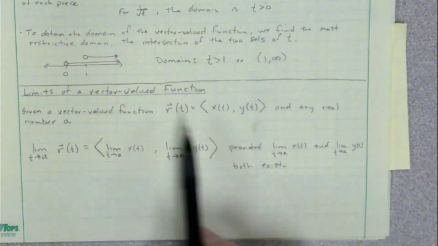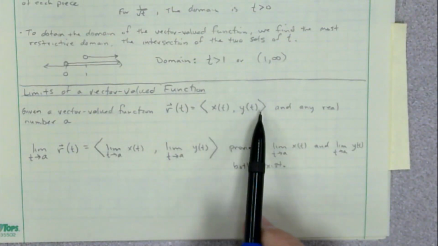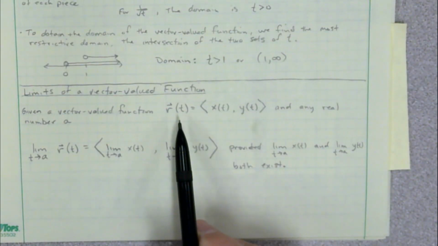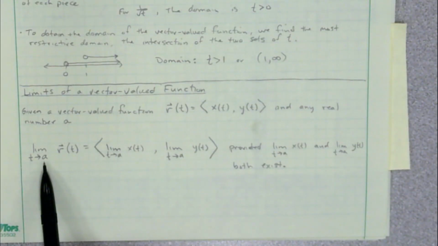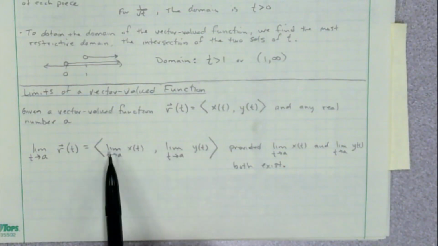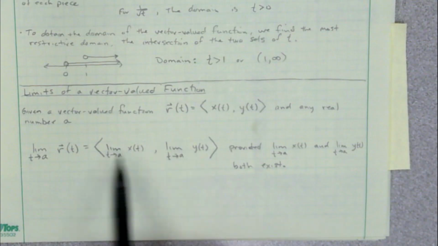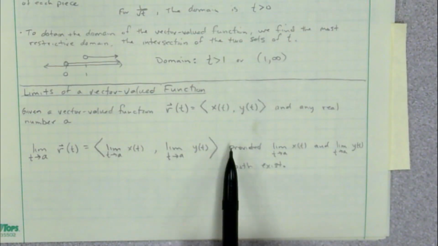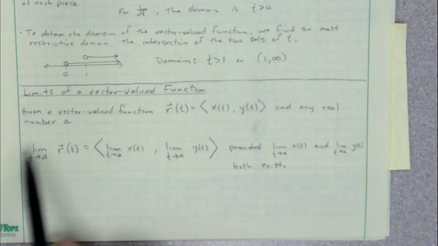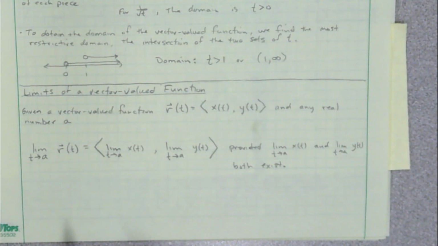If I have a vector valued function defined like this, and some real number a, then the limit as t approaches a of that function is the limit of each of the individual parts in the component form. We have to do both of those, provided that both limits exist. Both of these limits have to exist for this limit to exist. So that is our definition.